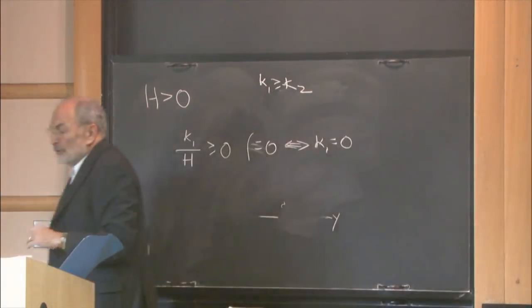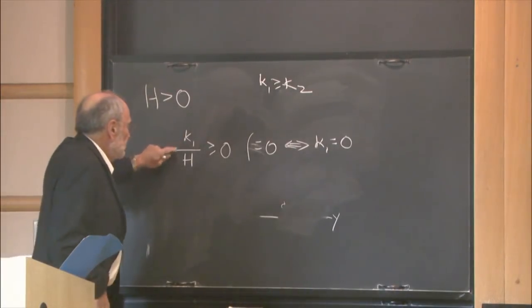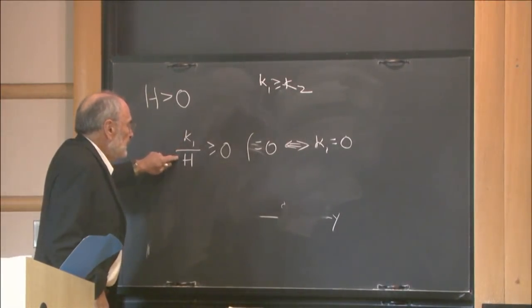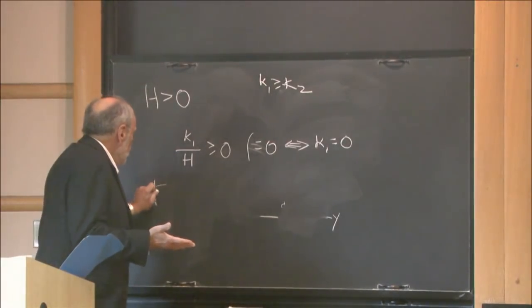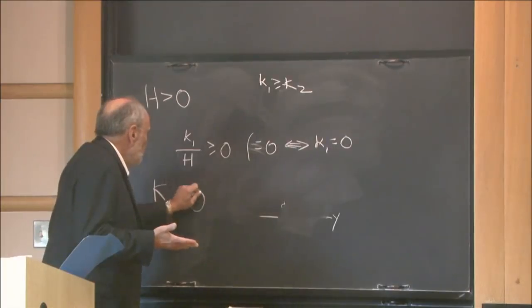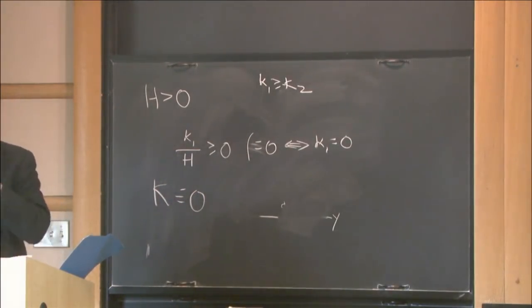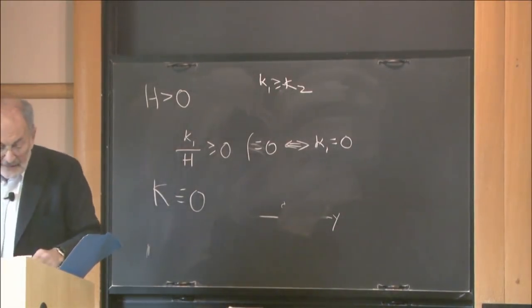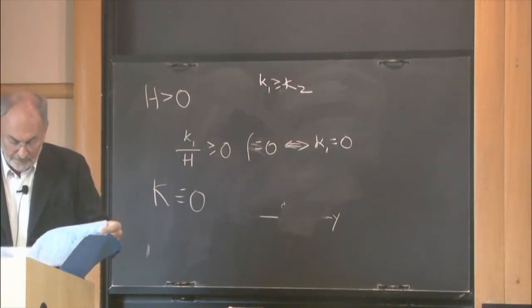If K1 equals 0, then this thing is constant because it achieves its minimum. So that says the curvature is identically 0. So the curvature is identically 0. Let me try to tell you what that surface looks like.